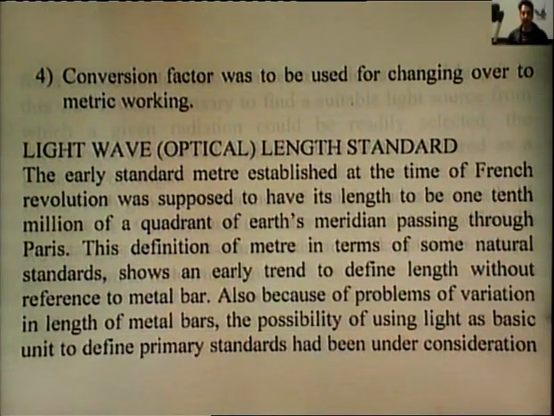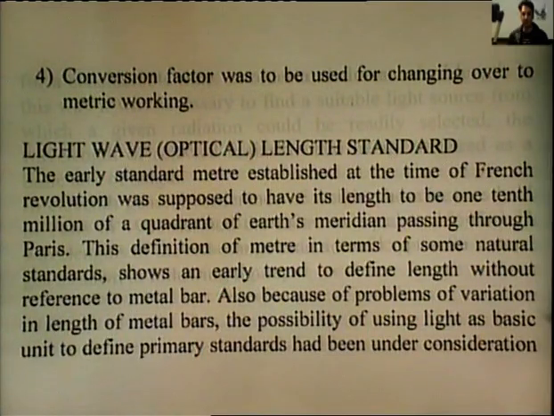Finally, the world accepted the light wave optical length standard because it was repeatable and available in all countries. It can be available anywhere. The early standard meter established at the time of the French Revolution was supposed to have its length as 1/10 millionth of the quadrant of the Earth's meridian passing through Paris.